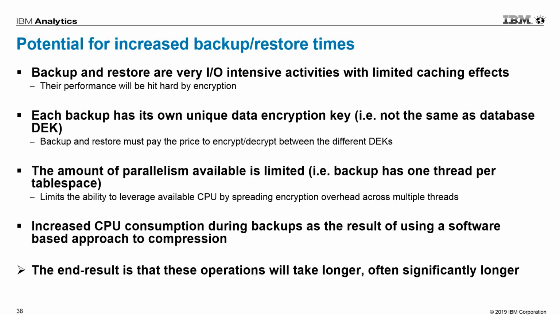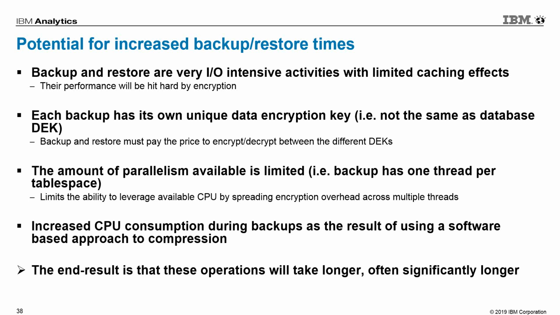Each thread is going to need its own CPU, not fully, but just to avoid serialization fights between the different parallel threads. It will increase CPU consumption. It's encrypting twice in this case, and if you're using compression as well, it's all software based, so it's going to increase.